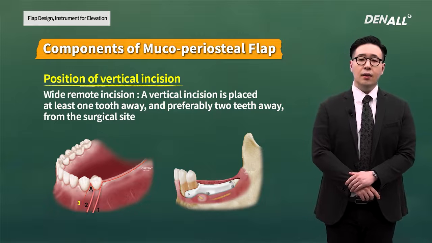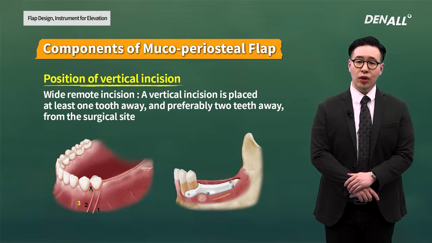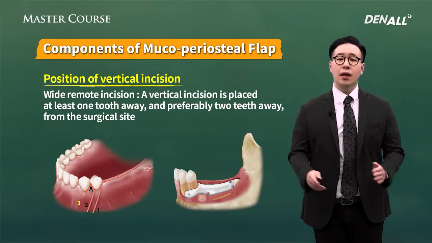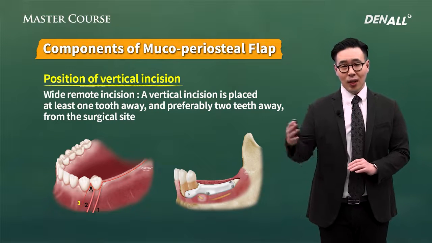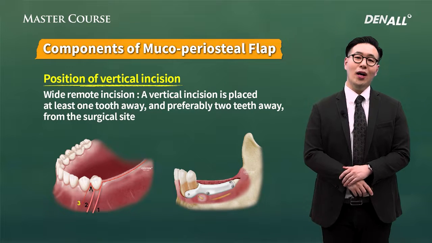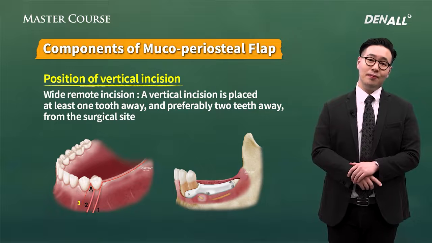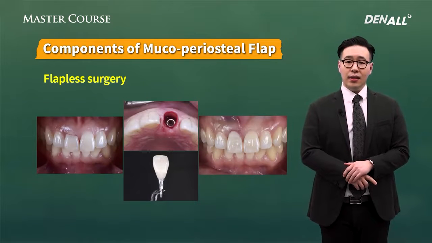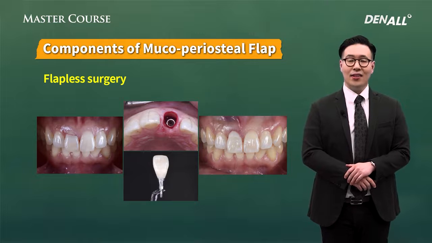This allows for easy flap suture after a lot of bone graft. If you have a larger pouch, you can put in more cookies. That is the concept. Through a clinical case, I'm going to talk about how to do case selection.